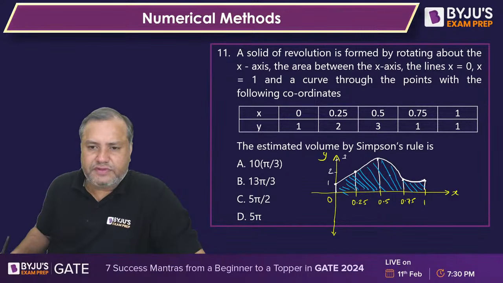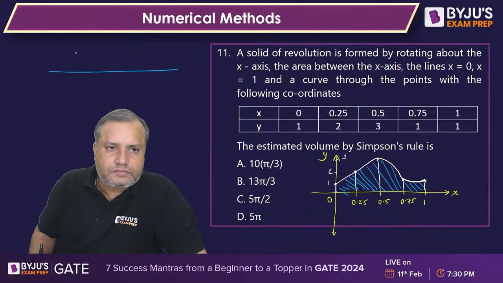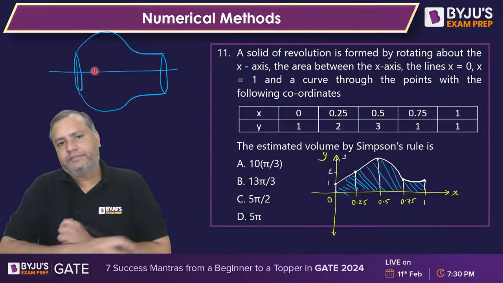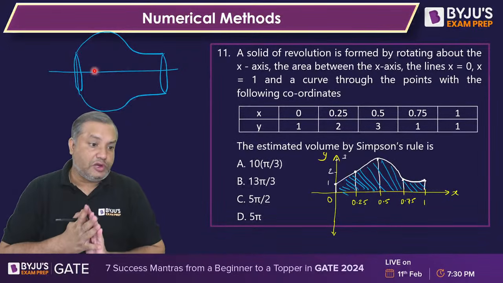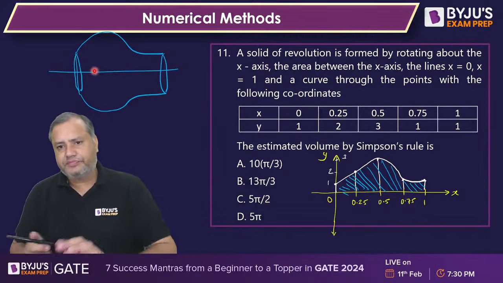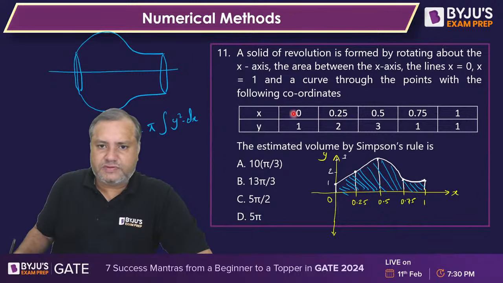Now what they are saying, if this shaded area is revolved about the x-axis, then you will be getting this 3D shape. And for this 3D shape, we're supposed to find out the volume. The volume of this 3D shape will be pi y square dx. Limits are from x1 to x2, 0 to 1.